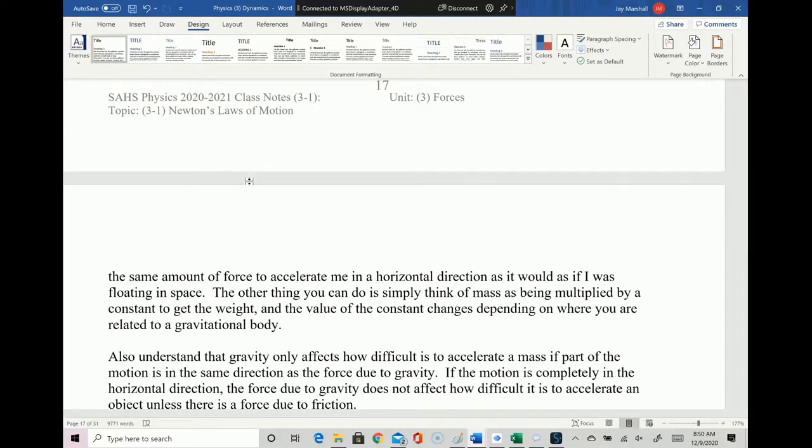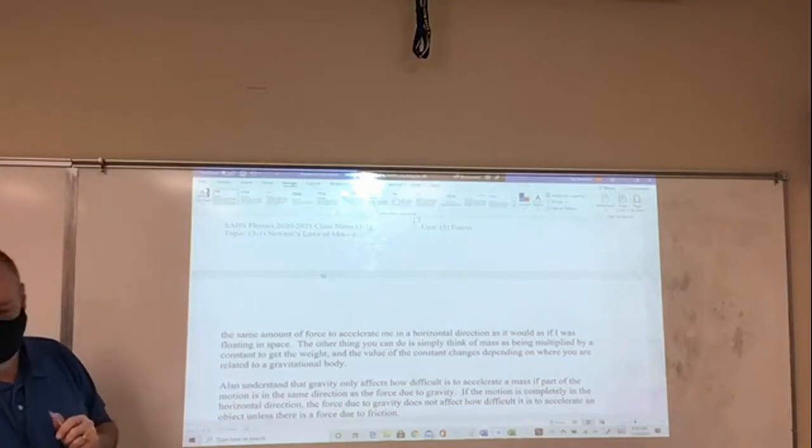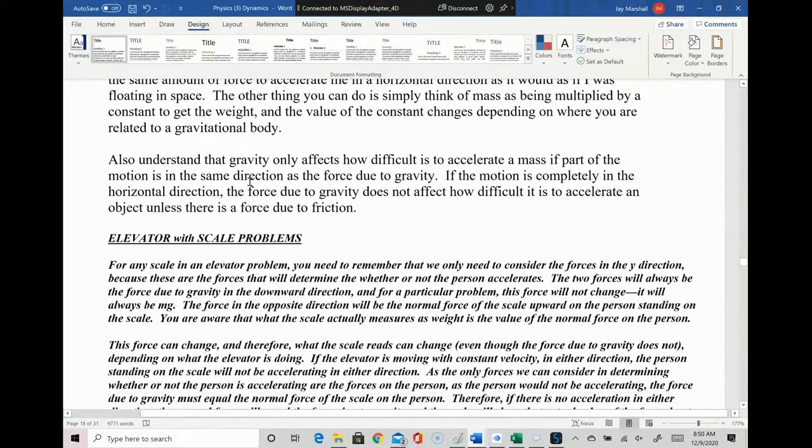The other thing you can do is simply think of mass as being multiplied by a constant to get the weight, and the value of the constant changes depending on where you are relative to a gravitational body. Also understand, gravity only affects how difficult it is to accelerate a mass if part of the motion is in the same direction as the force due to gravity. If motion is completely in the horizontal direction, the force due to gravity doesn't affect how difficult it is to accelerate something, unless there's a force due to friction.